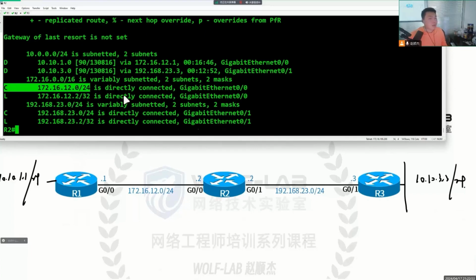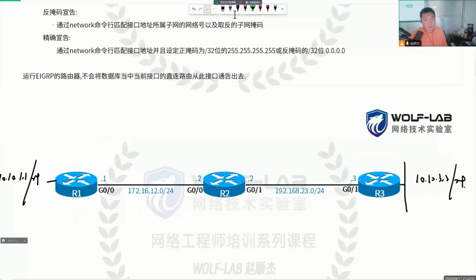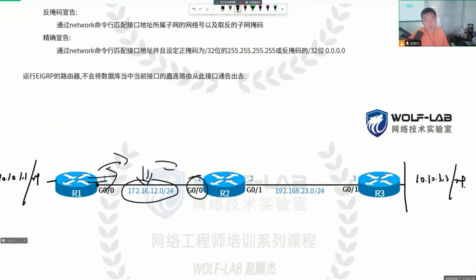Do you understand? My interface is in the network segment 172.16.12.0. I will not announce the directly connected route of my own interface from this network segment again. Isn't this a repetitive announcement? There will be one on the other side itself. You give him another announcement. How can this work, right? Except for the directly connected route of its own interface, we will announce all other routes.